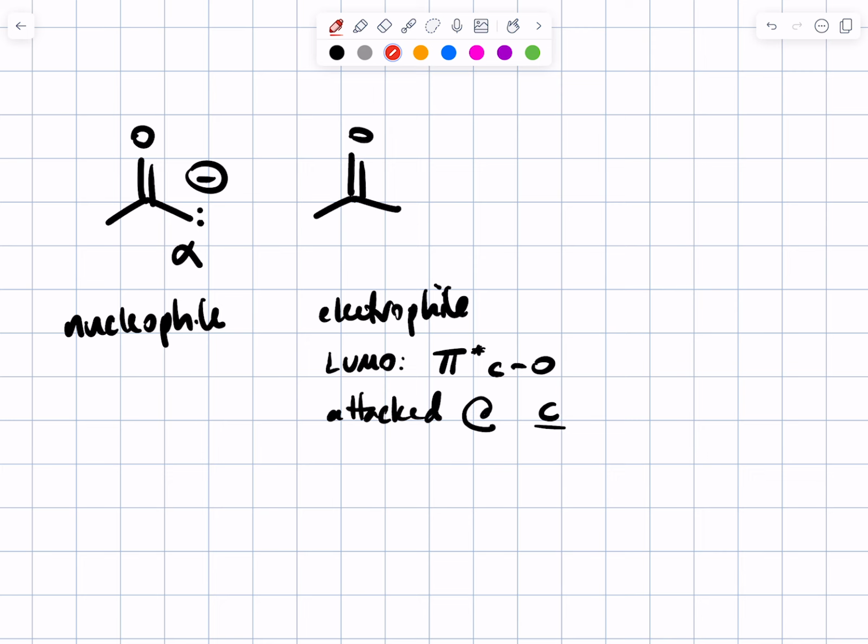So we'll draw an arrow from the nucleophilic alpha carbon of our enolate to the carbonyl carbon, and we'll get a tetrahedral intermediate. The new bond that we make is between the alpha carbon of what used to be our enolate nucleophile and the former carbonyl carbon of our ketone electrophile.